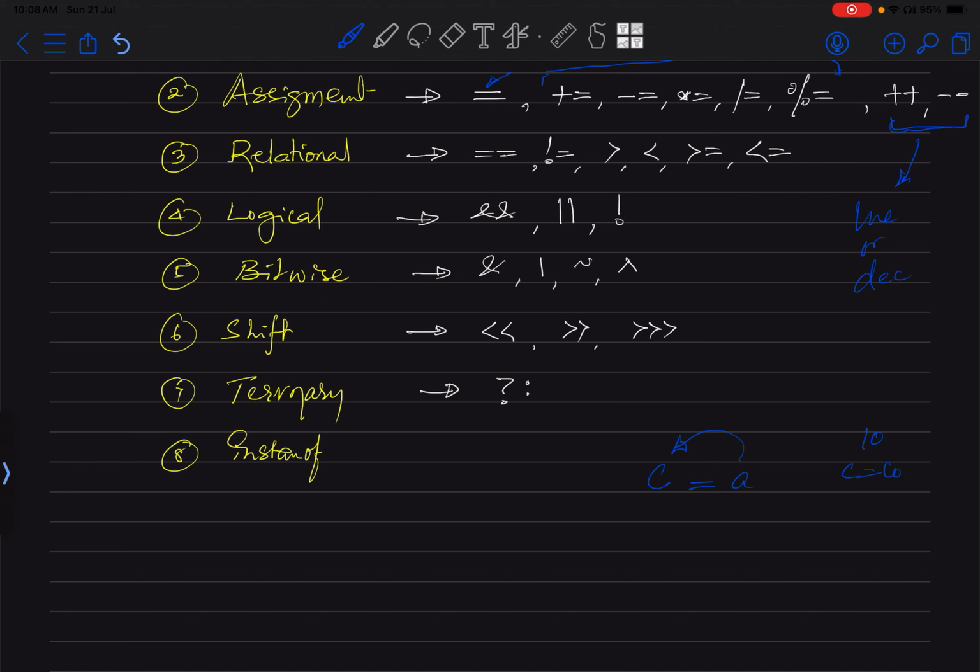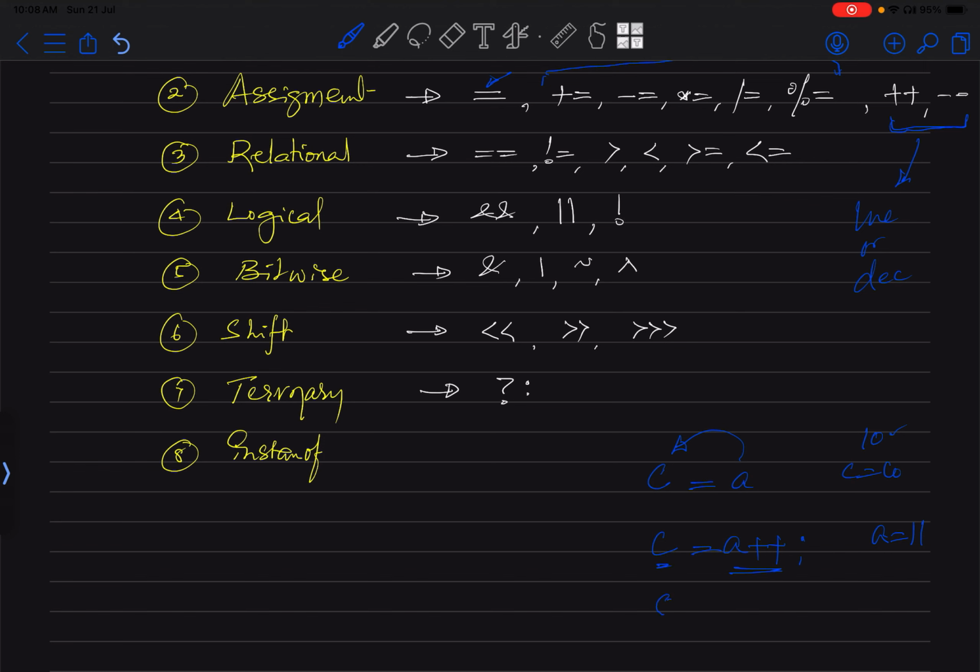Similarly, if I write c equal to a plus plus, a's value has to be incremented. If a is 10, a will become 11 after this operation. But where you use plus plus decides the value of c.